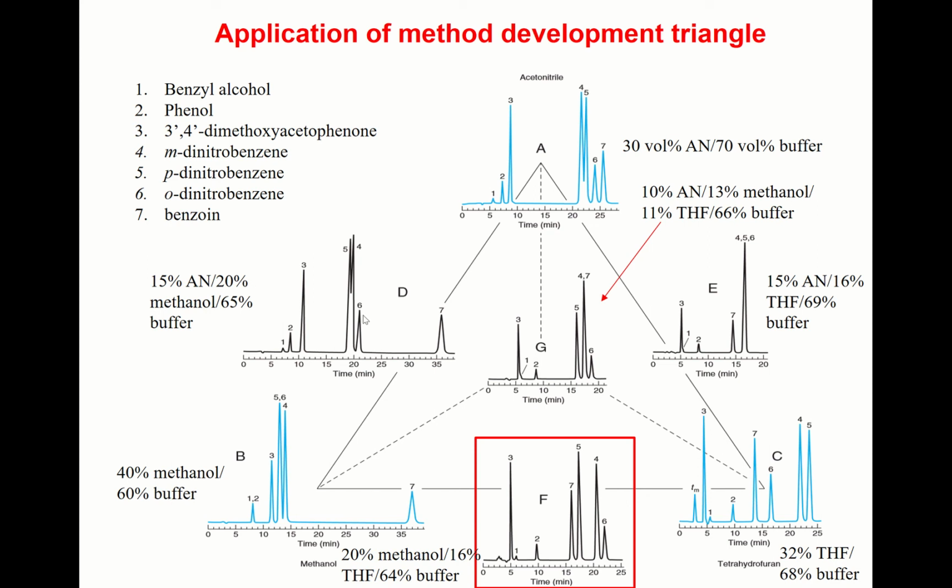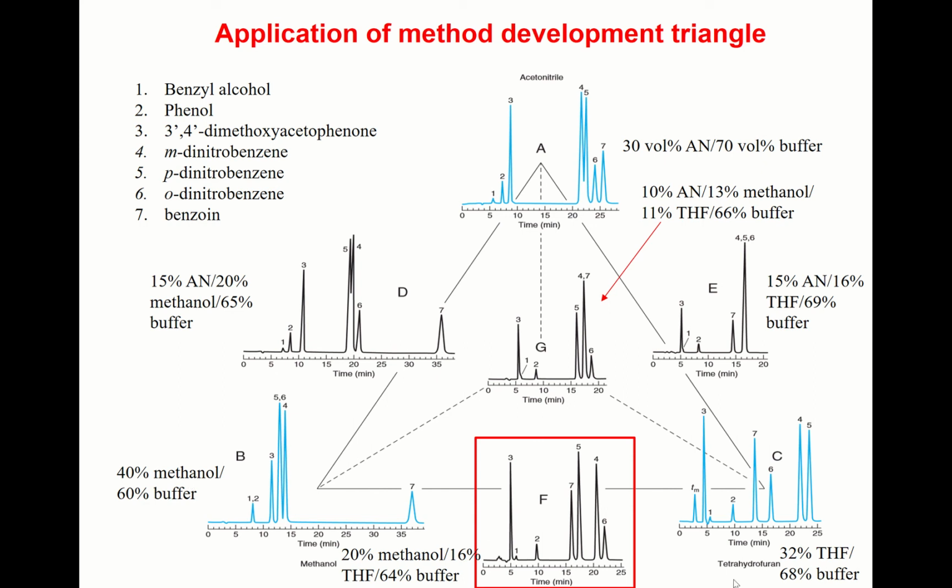Then we get this chromatogram, and unfortunately it is also not very good, because compounds 4 and 5 are not well separated. So we reject this combination, and we go for the combination of methanol and tetrahydrofuran.